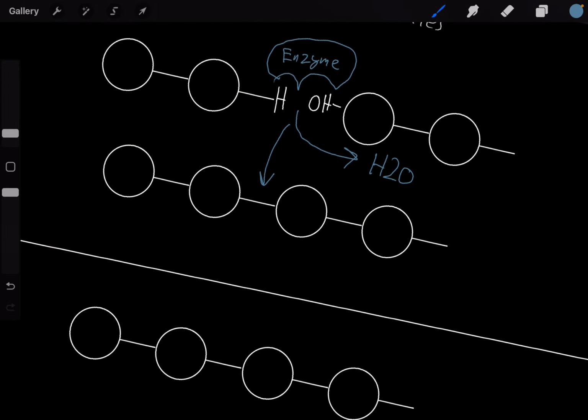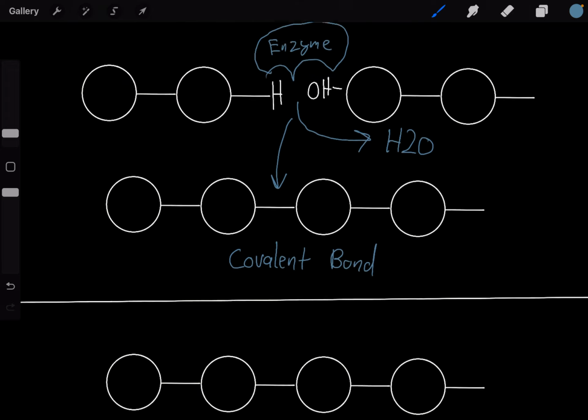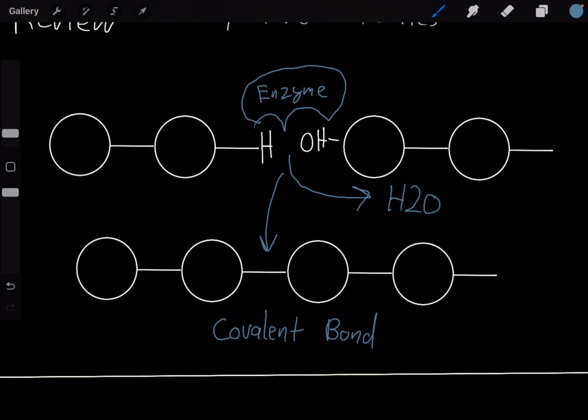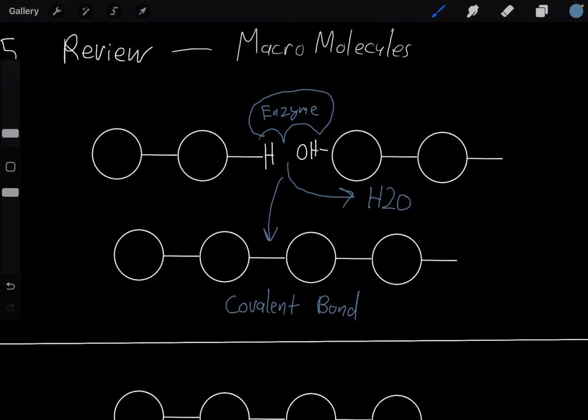Now for each macromolecule, they have different names for the covalent bonds, but the type of bond is a covalent bond. So that's the gist of it forming.